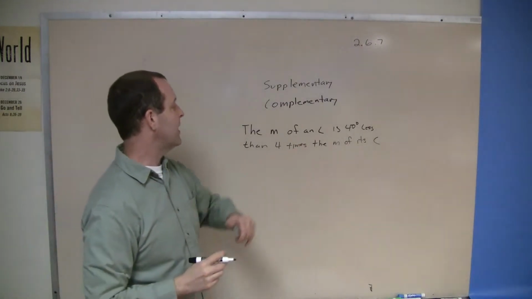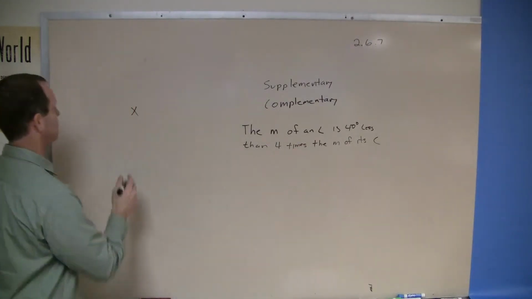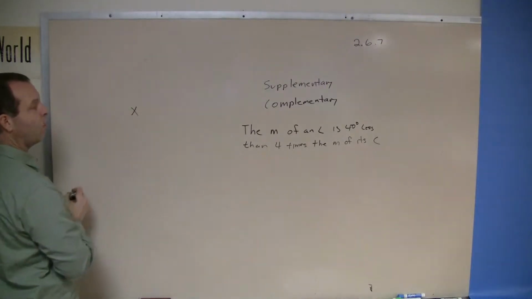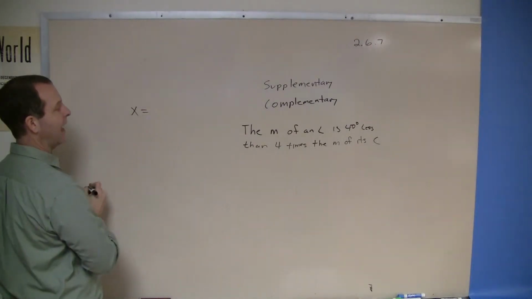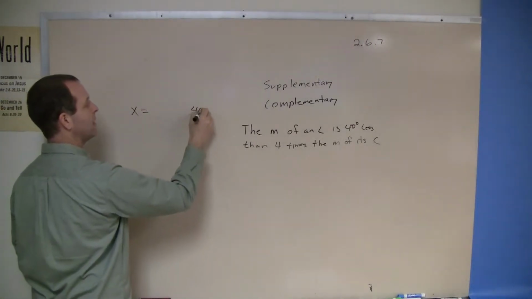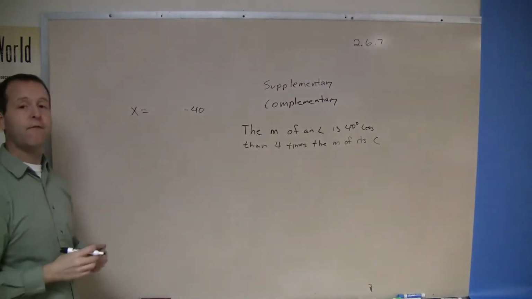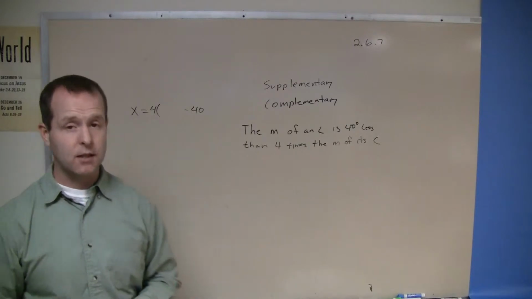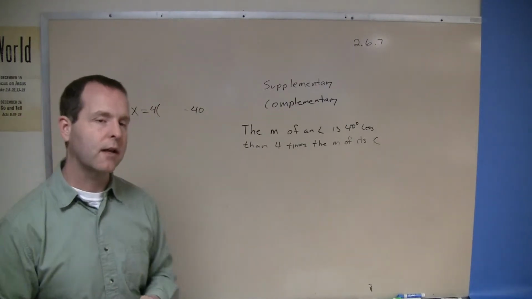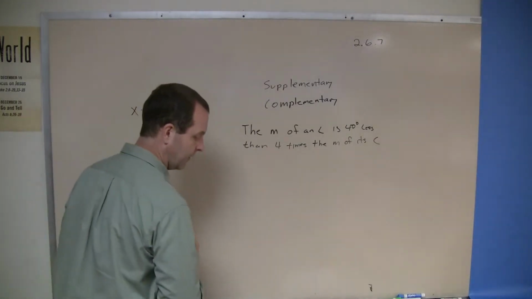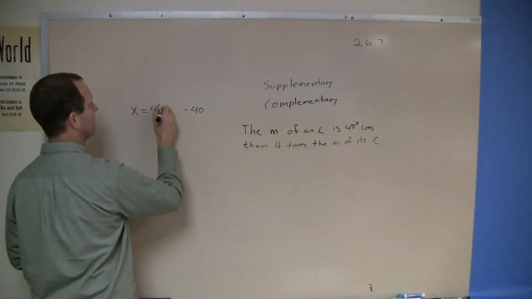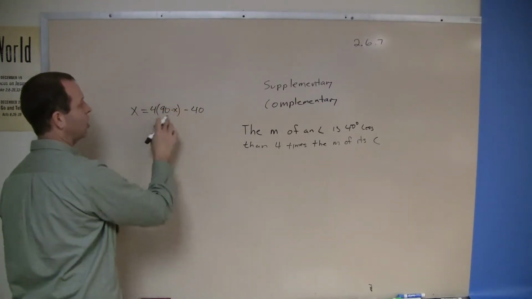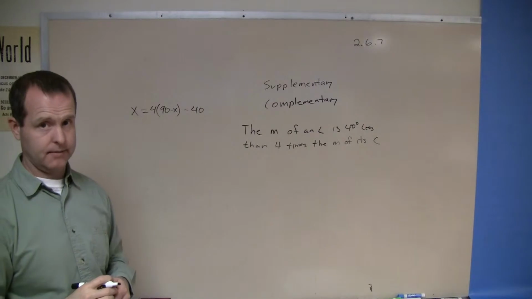It's 40 degrees less than 4 times the measure of its complement. Well, the measure of the complement of an angle is termed 90 minus x.